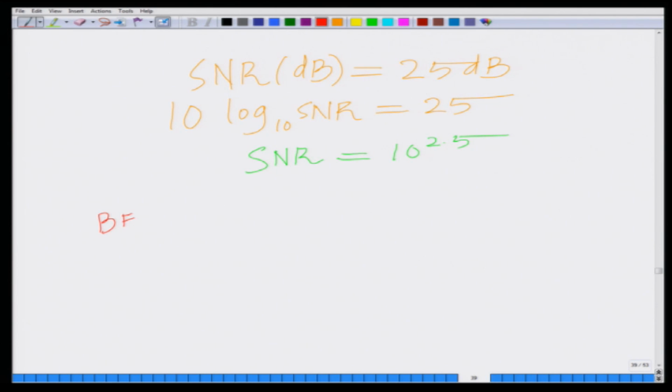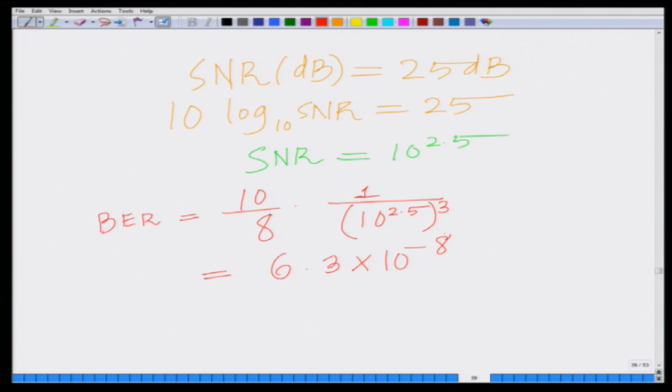Therefore, the bit error rate equals 10 divided by 8 times 1 over 10 to the power of 2.5, cubed, and that is approximately 6.3 times 10 to the power of minus 8.